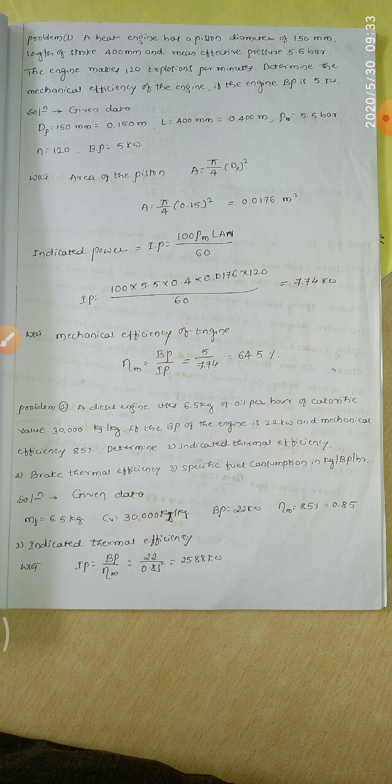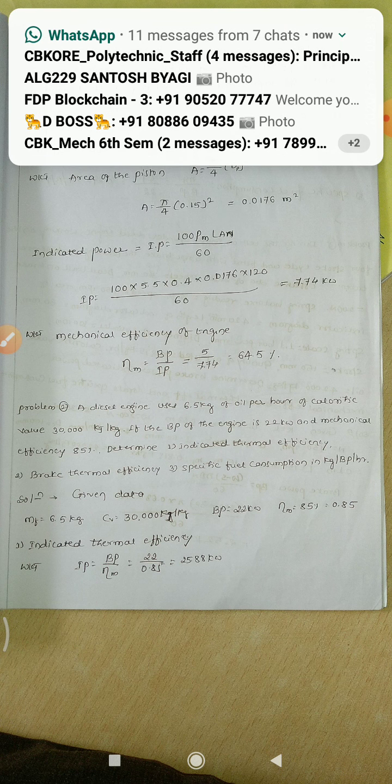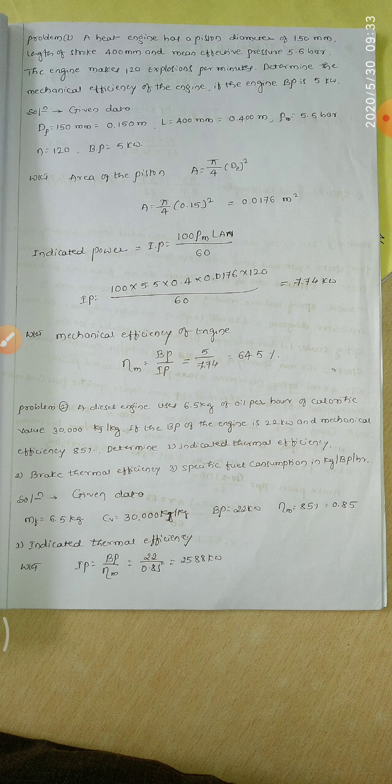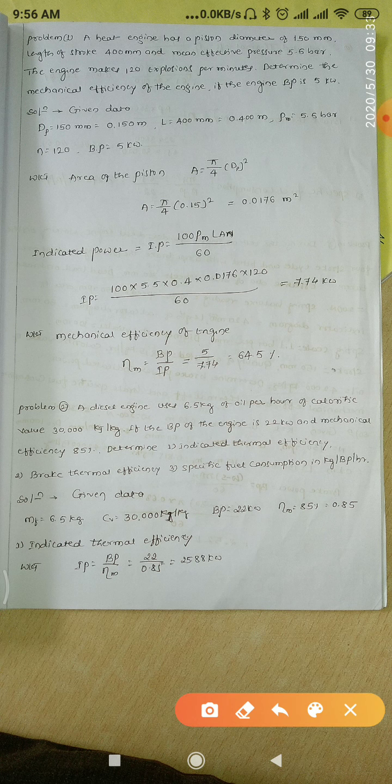As we know, for the indicated thermal efficiency we need IP. The mechanical efficiency, as we know from the previous problem, equals BP by IP. In this problem, BP is given, efficiency is given, and the unknown is IP.